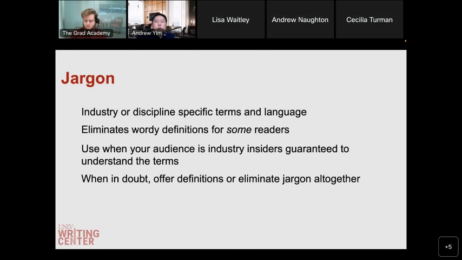So the next part I want to talk about, going back to the 3-step process I showed you earlier on, is that you really want to be thinking about the jargon that you're introducing to your audience. For all of you here, you come from many different backgrounds or majors, and all of you use different types of phrases or words that refer specifically to your field or major.